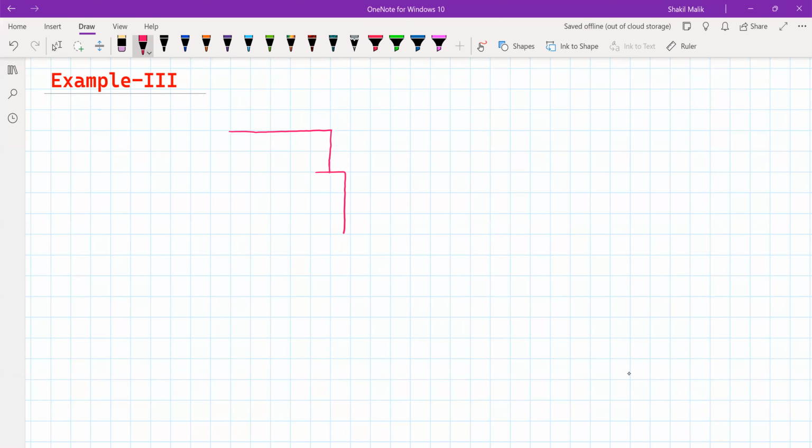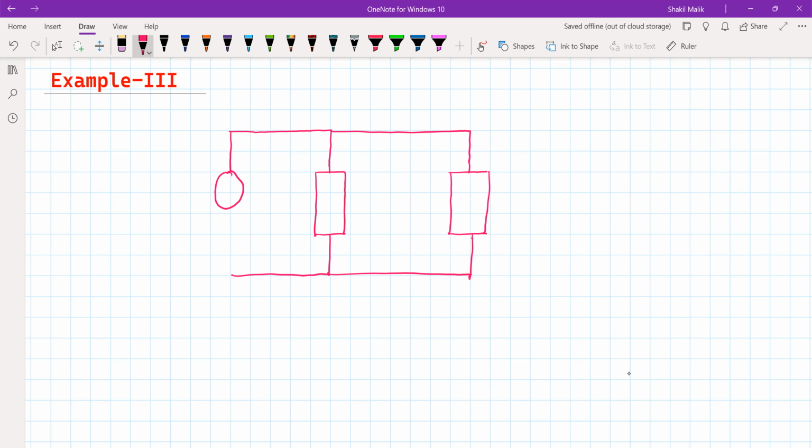We have an example where two elements are connected in parallel, and these two elements are connected across the source. The voltage of this source is given as 120 at an angle of 0 degrees volts, and this is the RMS value of the voltage.